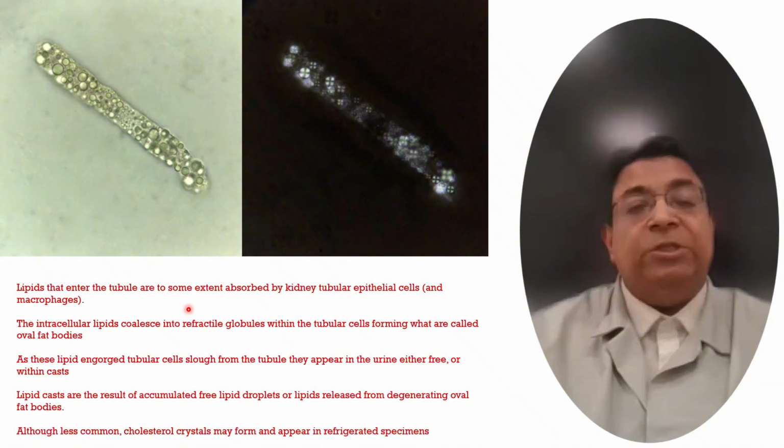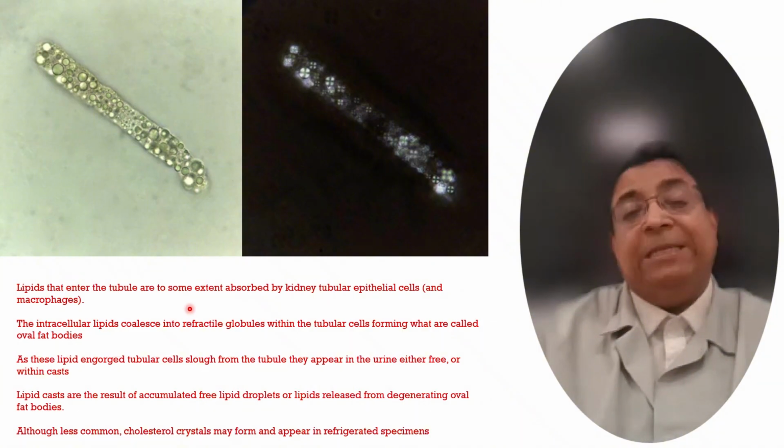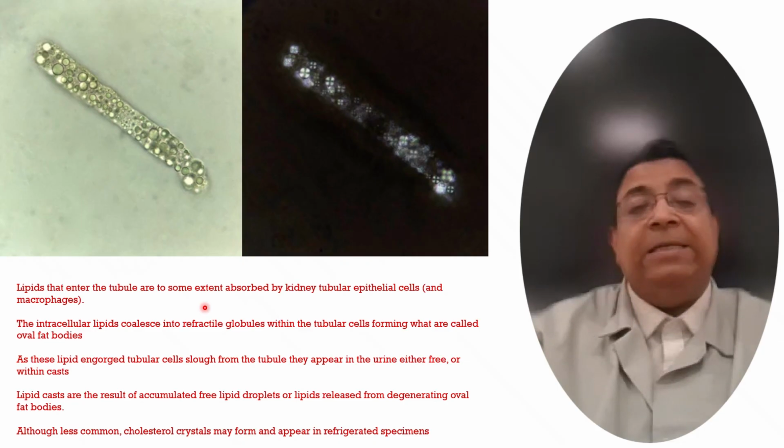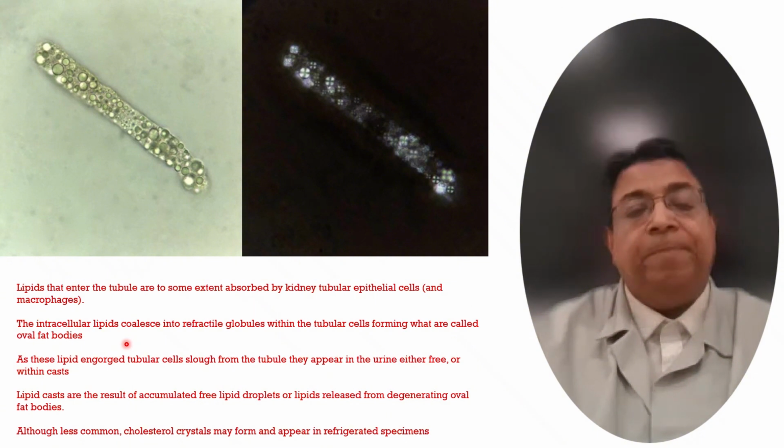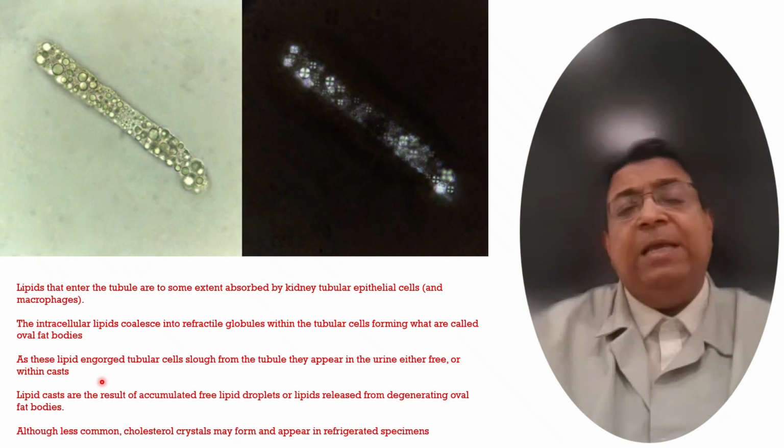Lipids that enter the tubule are, to some extent, absorbed by kidney tubular epithelial cells and macrophages. The intracellular lipids coalesce into refractile globules within the tubular cells, forming what are called oval fat bodies. As these lipid-engorged tubular cells slough from the tubule, they appear in the urine, either free or within casts.